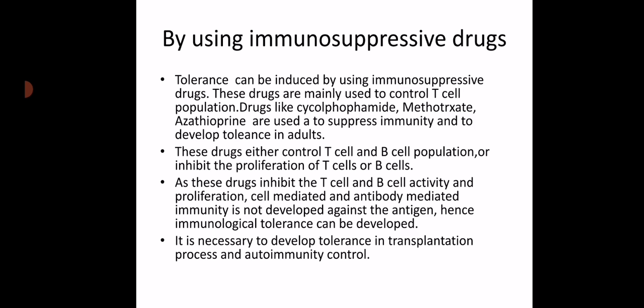As these drugs inhibit T and B cell activity and proliferation, cell-mediated immunity and antibody-mediated immunity will not be developed against the antigen. जर प्रॉलिफरेशन झालं नाही टी सेलचं किंवा बी सेलचं कोणामुळं ह्या ड्रग्जमुळं तर त्या ठिकाणी कुठल्याही प्रकारचा रिस्पॉन्स निर्माण होत नाही. म्हणजे अँटीबॉडीज पण निर्माण होत नाहीत आणि सेल मेडिएटेड इम्युन रिस्पॉन्स पण निर्माण होत नाही.